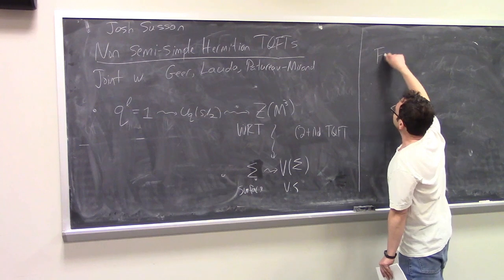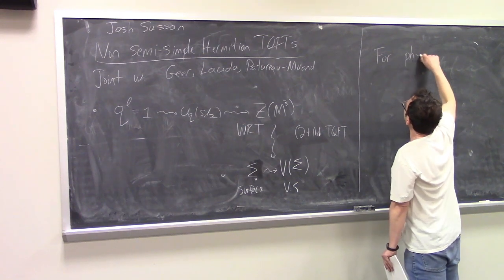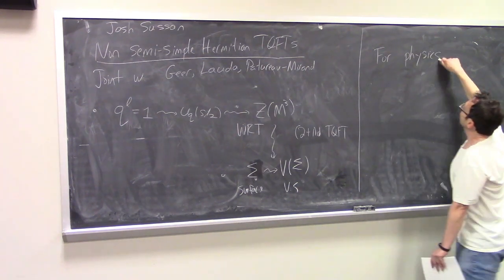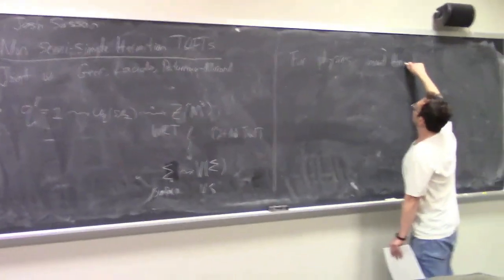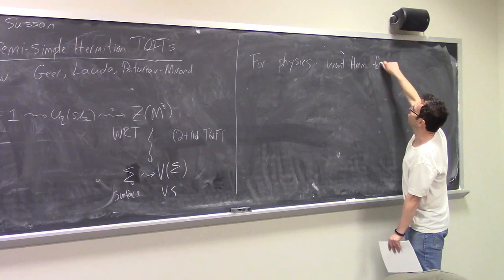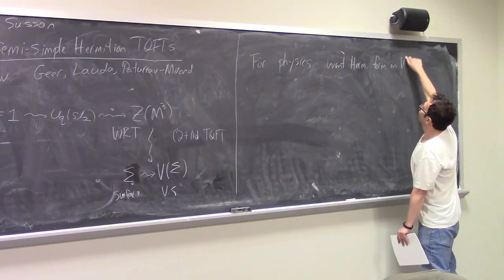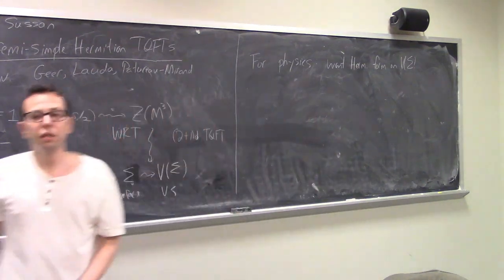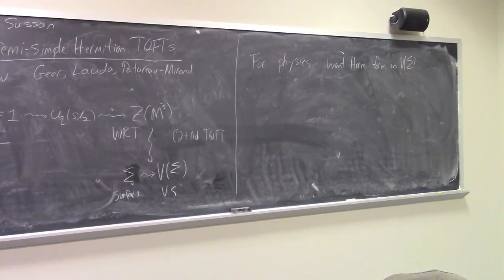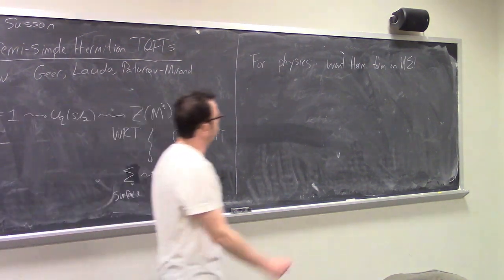So for physical relevance, we want a Hermitian bilinear form on V of sigma, in order to do quantum mechanics. And more than that, you would like this Hermitian form to be positive definite. I'm not going to speak about that today because it's not clear we have that in what I'm about to speak about, but we will speak about this Hermitian form.